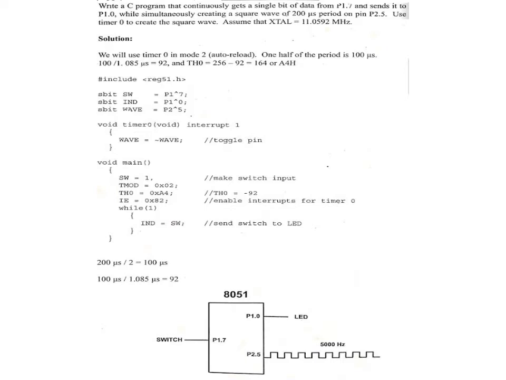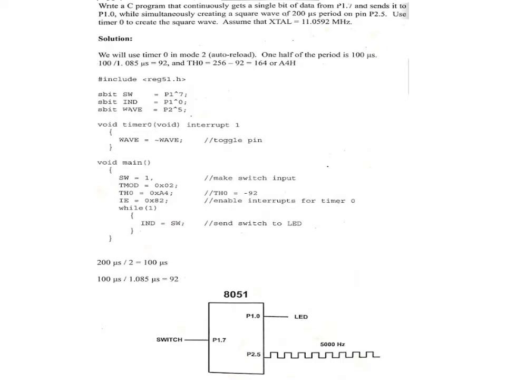So 200 microseconds is the total time period of the square wave. That means for a 100 microsecond duration a logic 0, and for another 100 microsecond a logic high signal has to be generated. So here you can see the n value is 92, so the value to be loaded into TH register is 164 in decimal or A4 in hexadecimal.